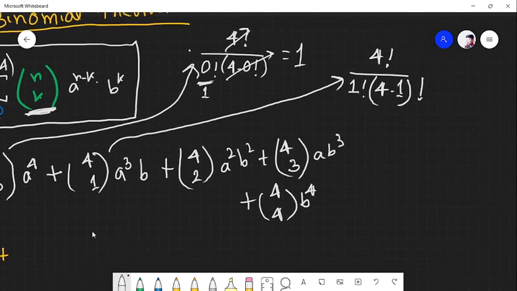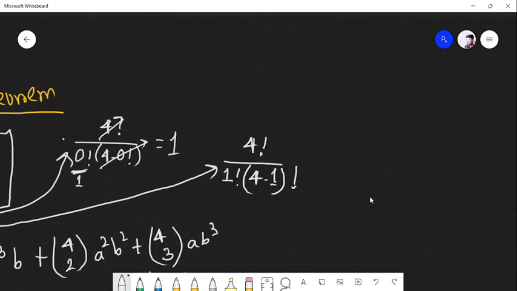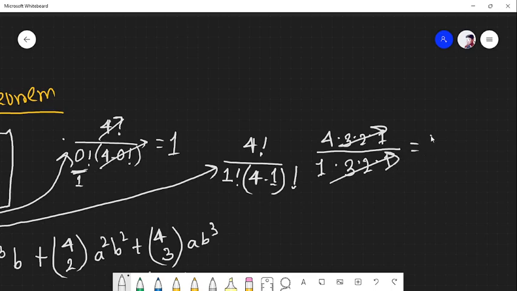Let's find it out first. 4 factorial is 4 into 3 into 2 into 1, and 1 factorial is just 1, and 4 minus 1 factorial is 3 factorial, which is 3 into 2 into 1. So we can cut them down, which equals 4.